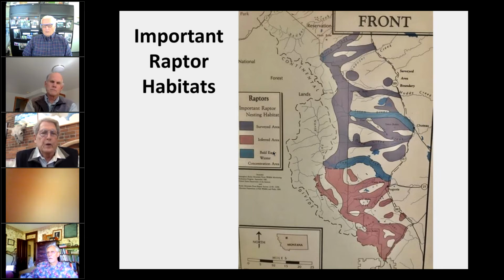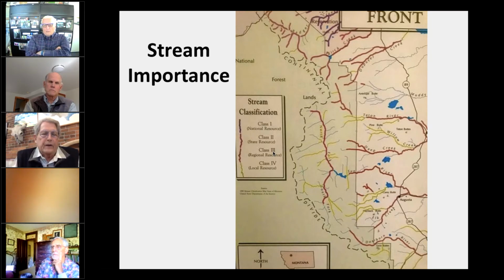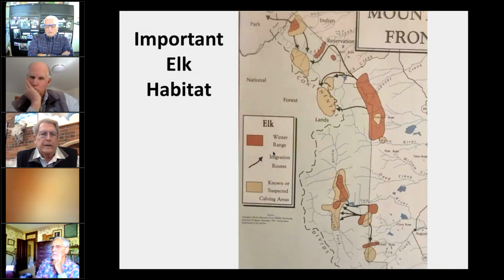And those studies would then become the fruits of management guidelines for the respective agencies. So it was that we mapped the entirety of the front there. We mapped the stream importance of all the tributaries flowing to the east along the Continental Divide.